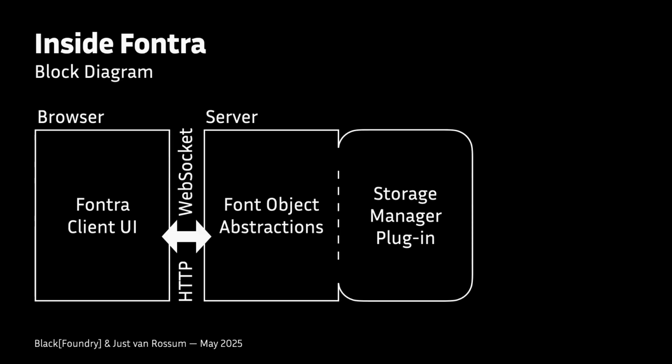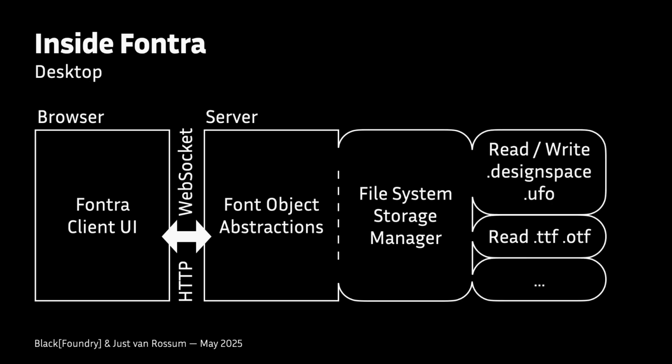The block diagram, a bird's eye view. So we have here the browser on the left-hand side where the UI is running. It communicates with a server through a WebSocket and with regular HTTP or HTTPS, depending. The server is divided into various parts. How font data is stored is abstracted in a separate component that we call the storage manager or the project manager.